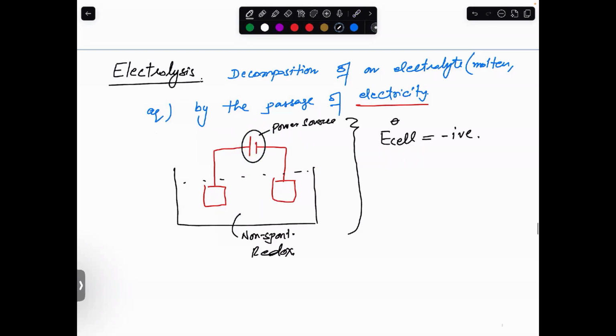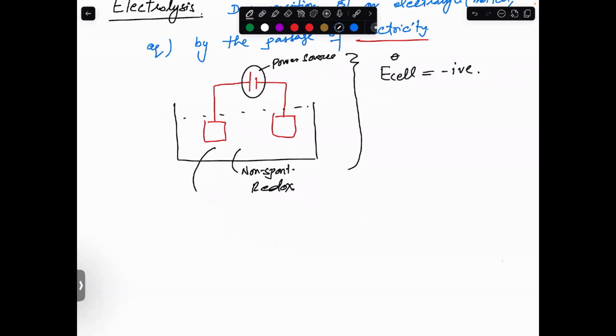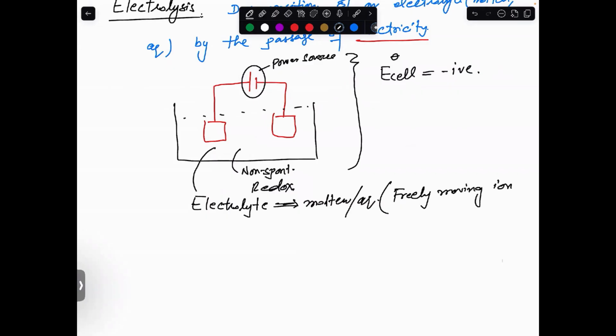So your electrolyte is molten or aqueous, having freely moving ions.